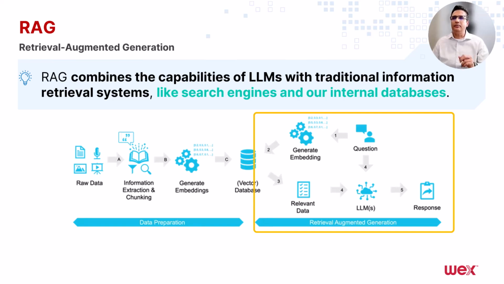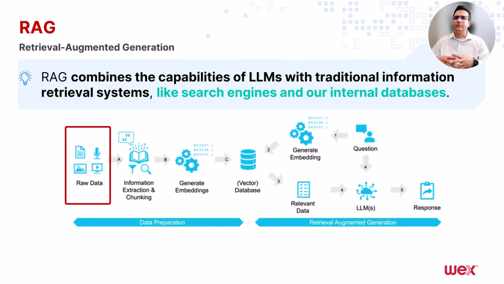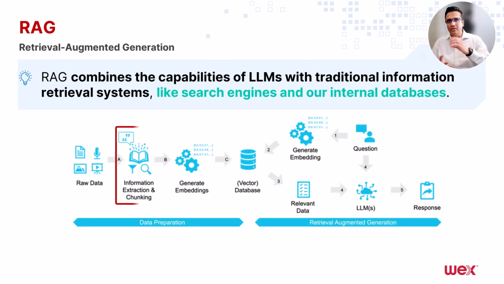So in data preparation, the first step is taking the raw data that we have. Data could be our visual text data, or voice data, or documents that we have. All that data, raw data, is taken, and actually it goes through something called data extraction and chunking. And chunking is essentially creating the specific size chunks of the information that we have. Let's say if you have PDF document, and the PDF has 15 pages, then you can say that I want to separate this 15-page document into 15 chunks.